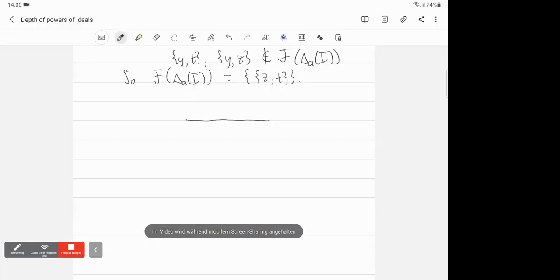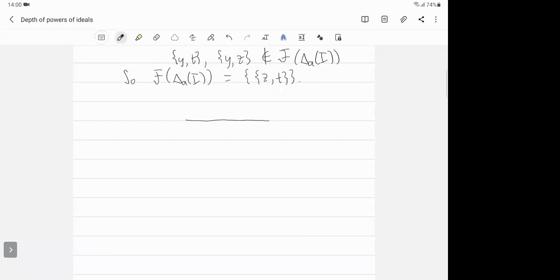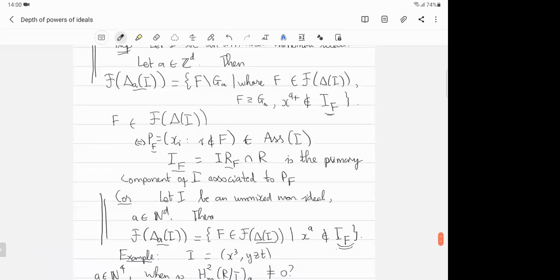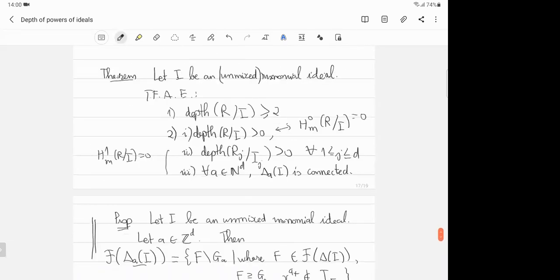Okay, so I share my screen again. What we did was this. We give a combinatorial criterion for depth at least 2. The point of this result is that the first and the second conditions you can take easily from the primary decomposition of the ideal I. You can read easily whether the depth is positive or not.